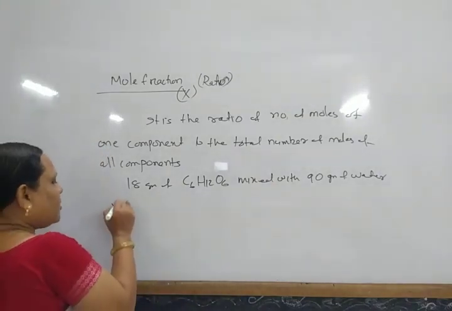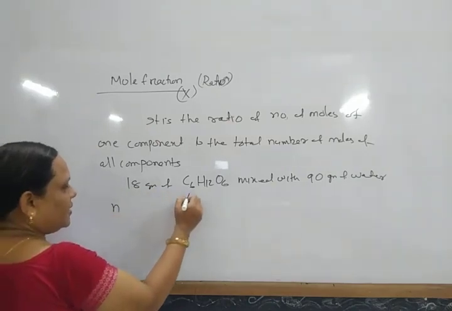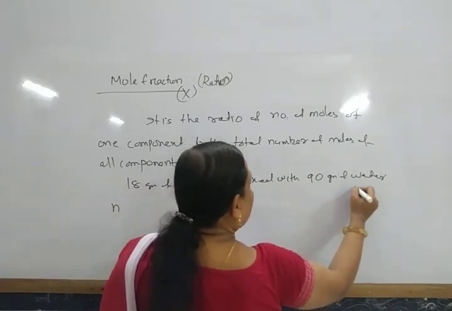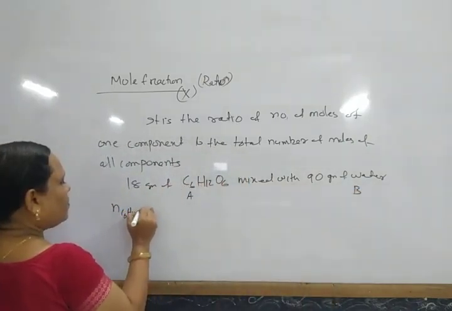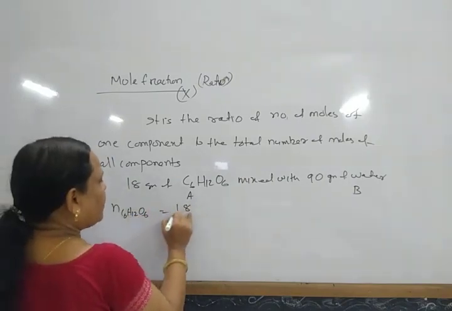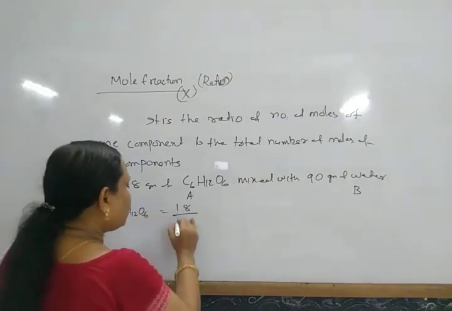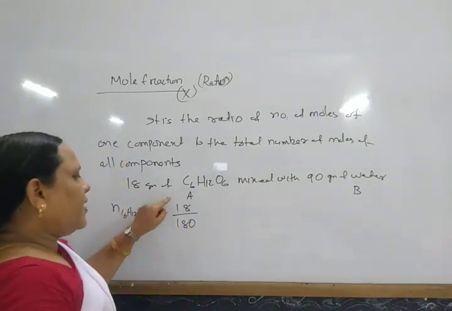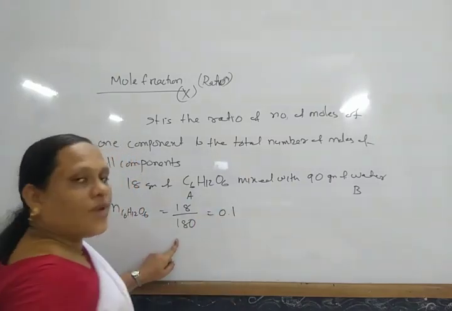What is the number of moles of glucose? Suppose glucose is A and water is B. Number of moles of glucose: weight given is 18 gram and its molecular mass is 180, so 18 by 180, that is 0.1.